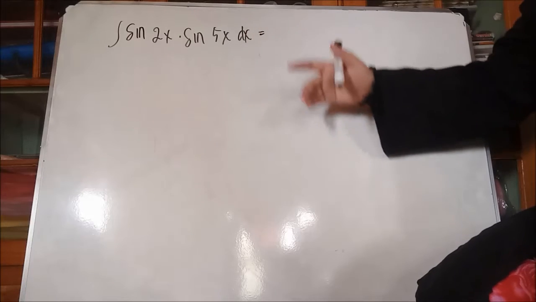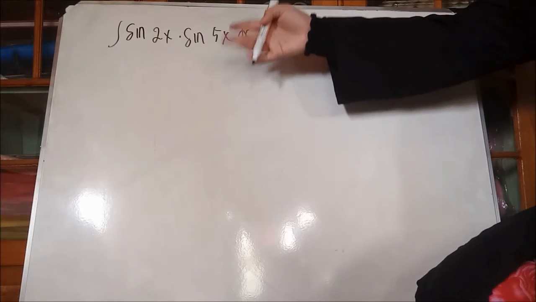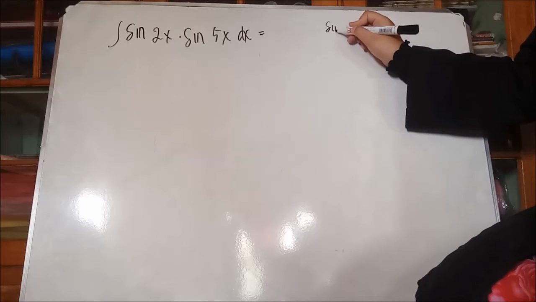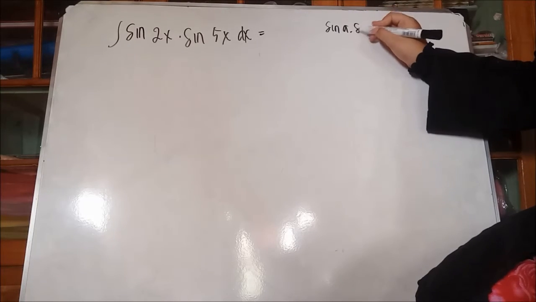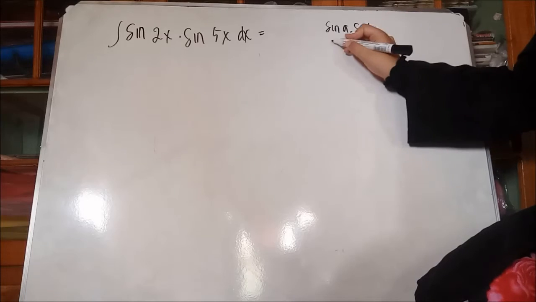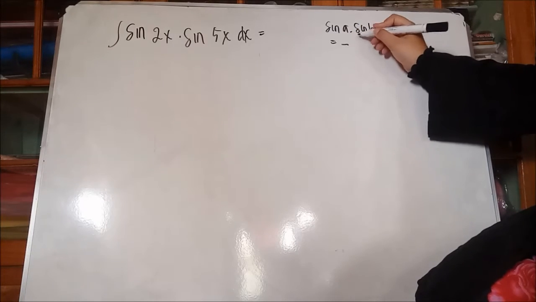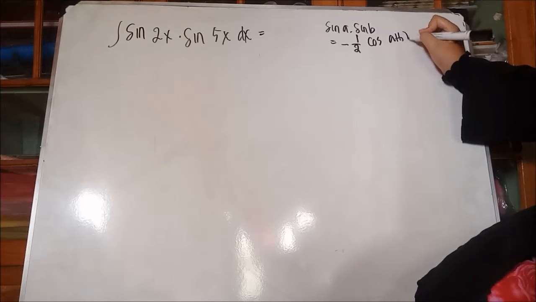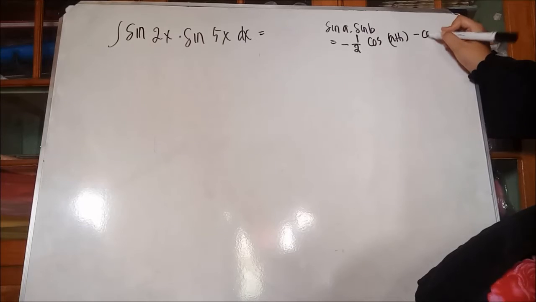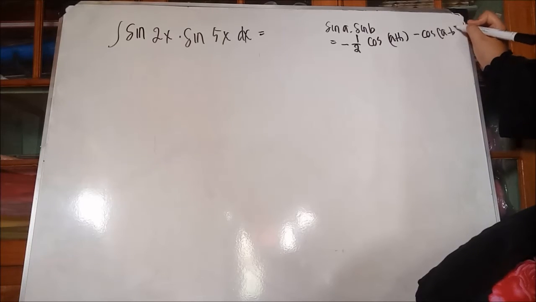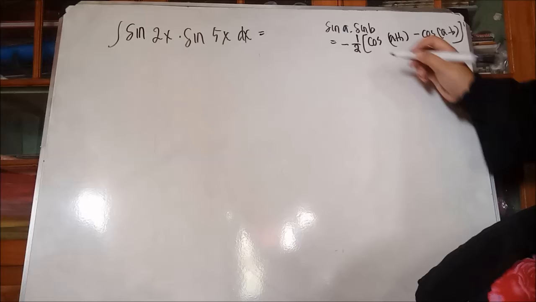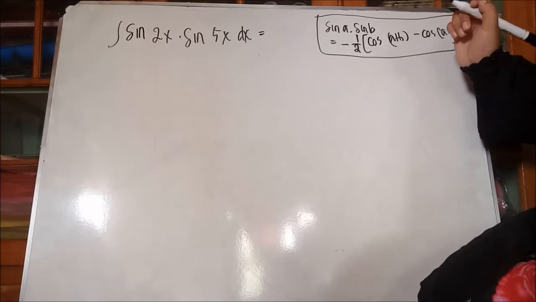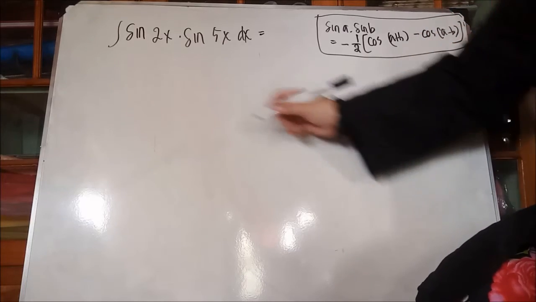Okay, we have the integral of sin 2x times sin 5x dx. Here you must remember, if we have sin a times sin b, it is equal to negative 1 over 2 times cos a plus b minus cos a minus b. So we must remember this formula. And then we continue here.